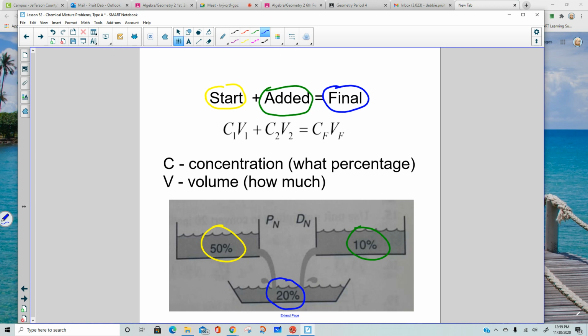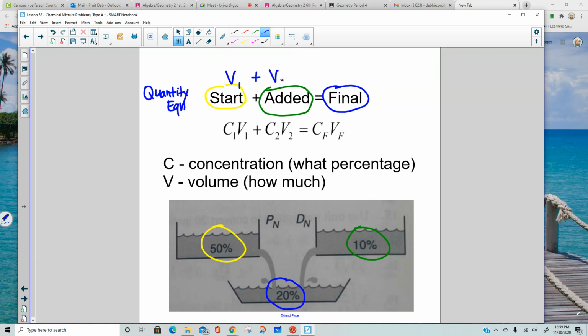These are similar to our coin problems where we have a quantity equation and a value equation. So I'd like us to think back to what we know about the quantity equation. We're going to start with saying I have a certain volume of one solution, and we'll call that V for volume.